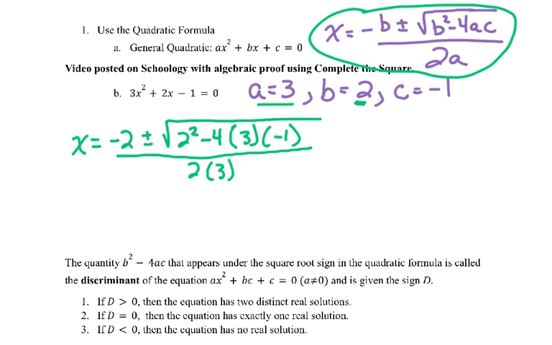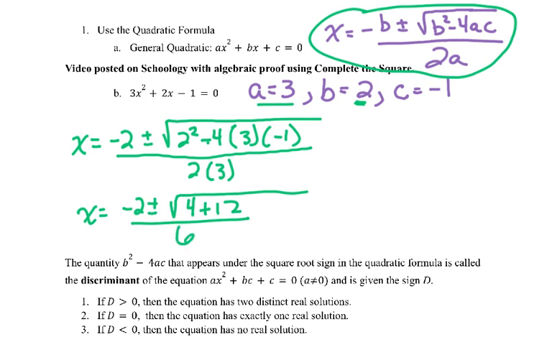And now we're just simplifying, right? x is equal to negative 2 plus or minus the square root of 4, and then minus 4 times 3 is 12, minus 1, that's going to work out to be a positive 12, and we're still over 2 times 3, which is 6.